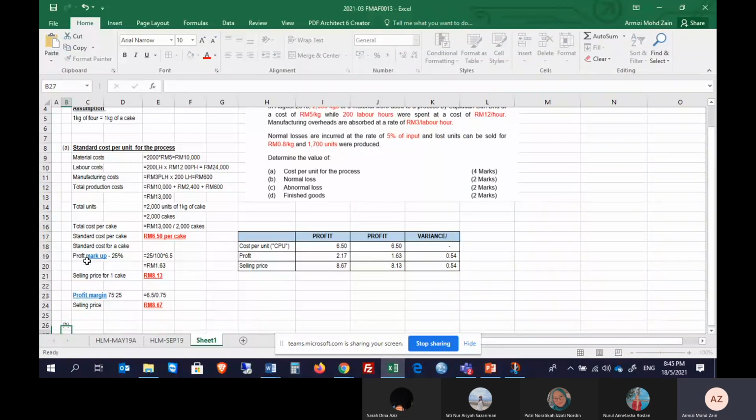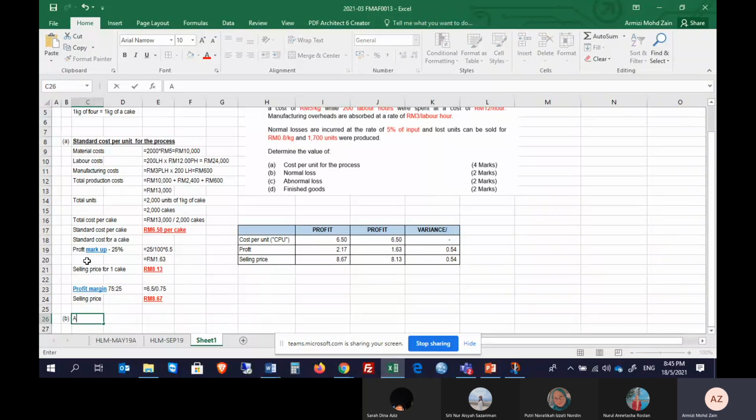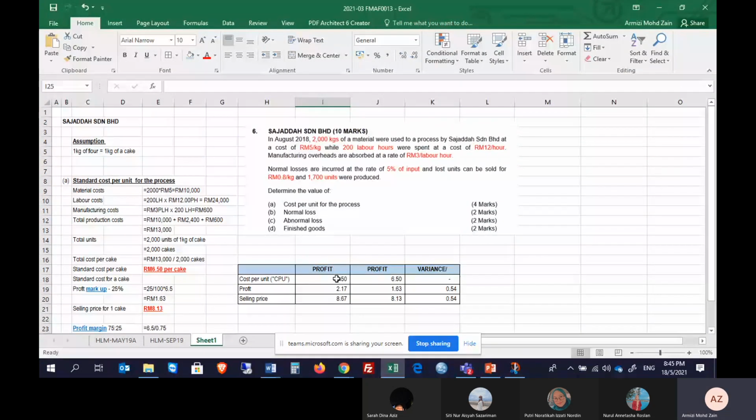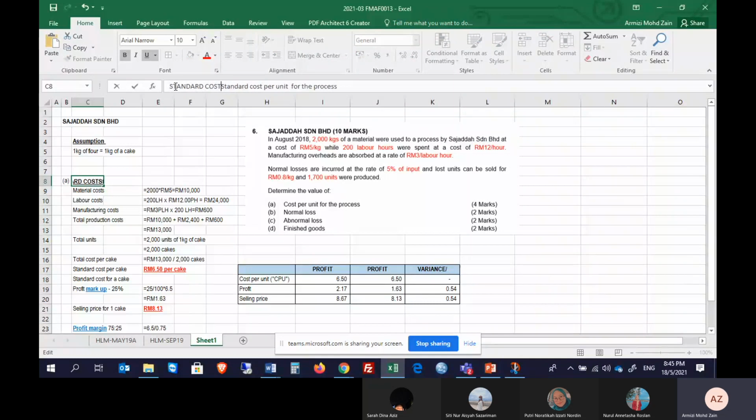Okay, berilah contoh dia. Okay, this one after we calculate the normal loss. Okay, dalam ni dia kata mention about normal loss. Standard cost per unit for the process.